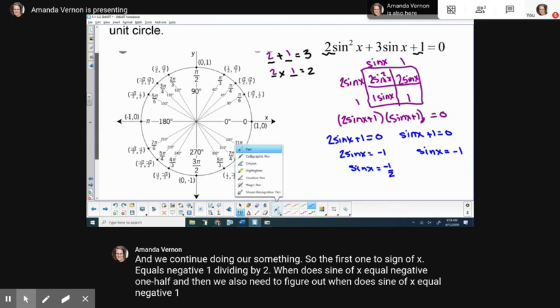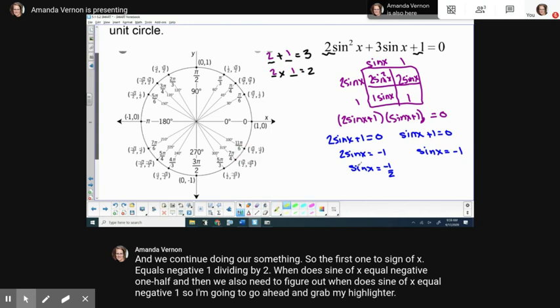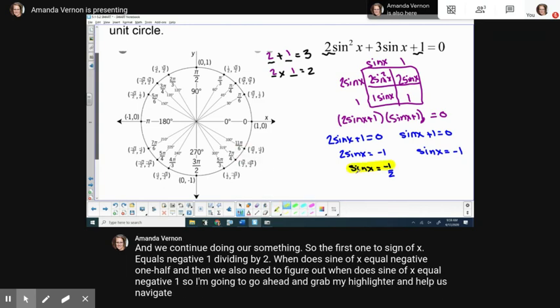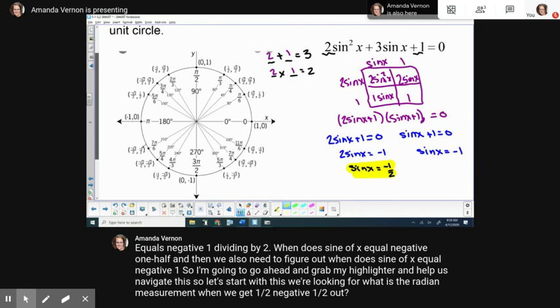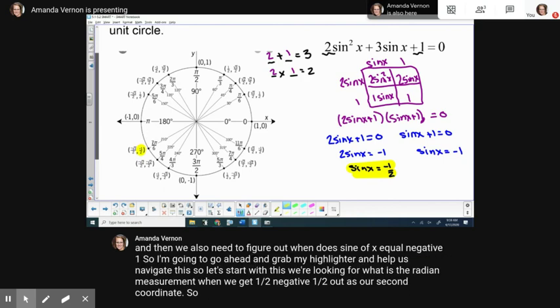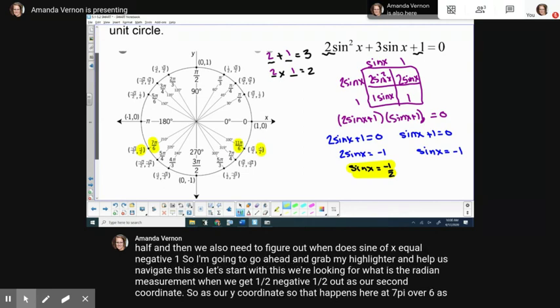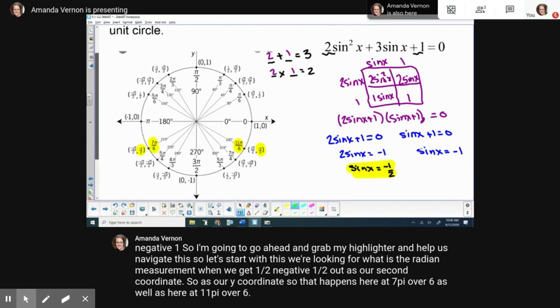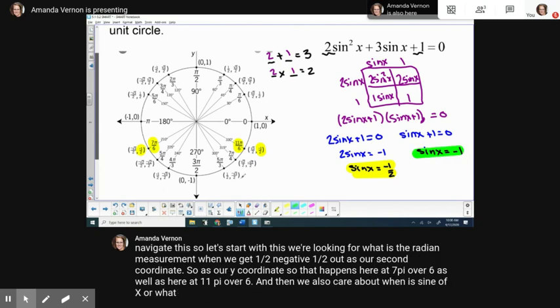So I'm going to go ahead and grab my highlighter and help us navigate this. So let's start with this. We're looking for what is the radian measurement when we get negative 1/2 out as our second coordinate, so as our y coordinate. So that happens here at 7 pi over 6, as well as here at 11 pi over 6. And then we also care about what radian measurement do we get negative 1 out for the y value.